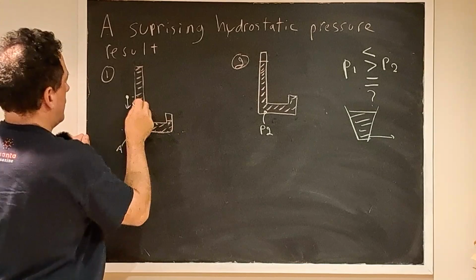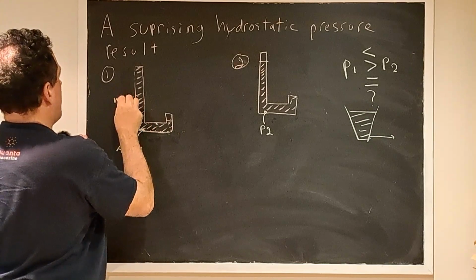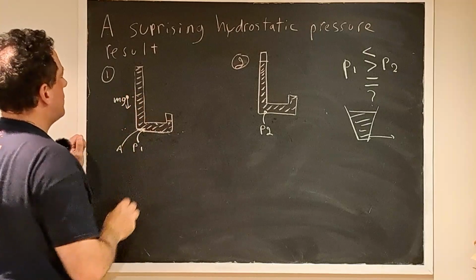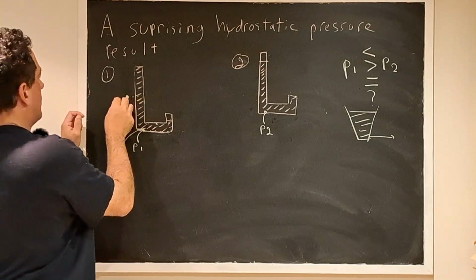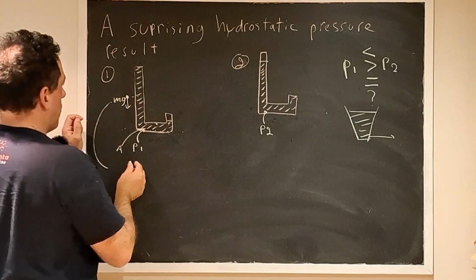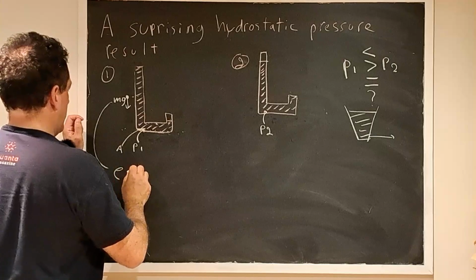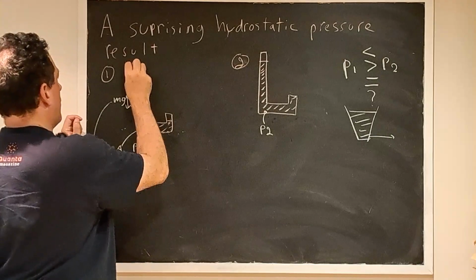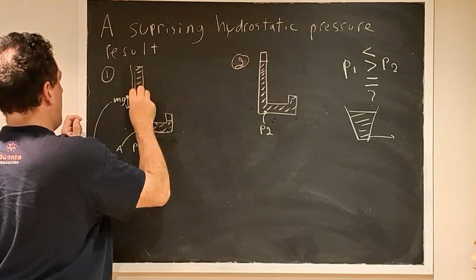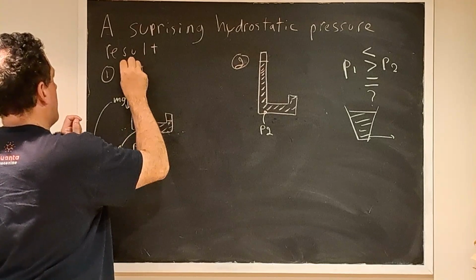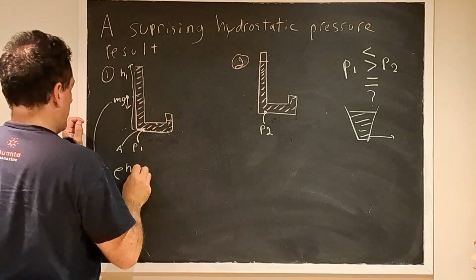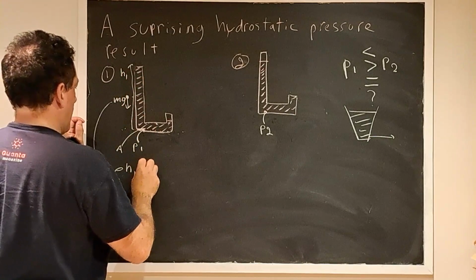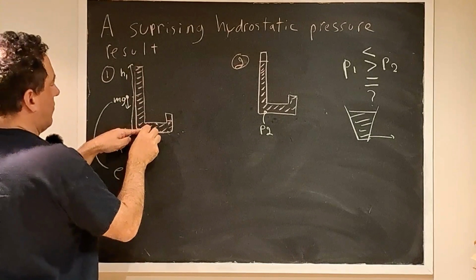we have a force of mg. Well, the mass here is equal to the density times the height. So we have a certain height here, we'd call it h1, times the area along the water column.